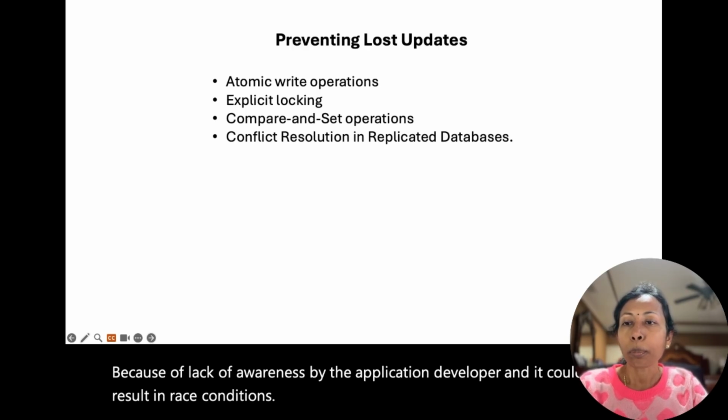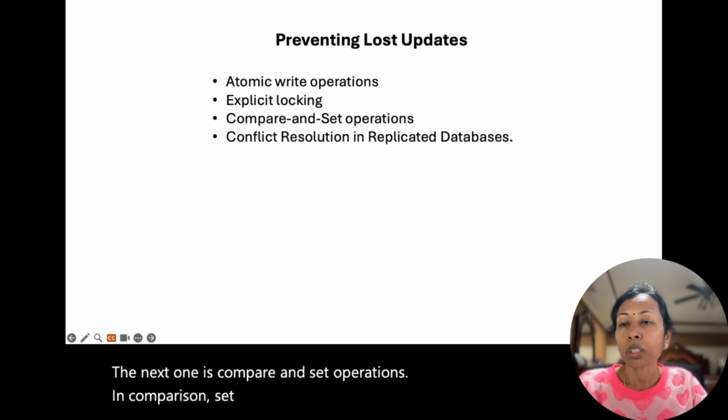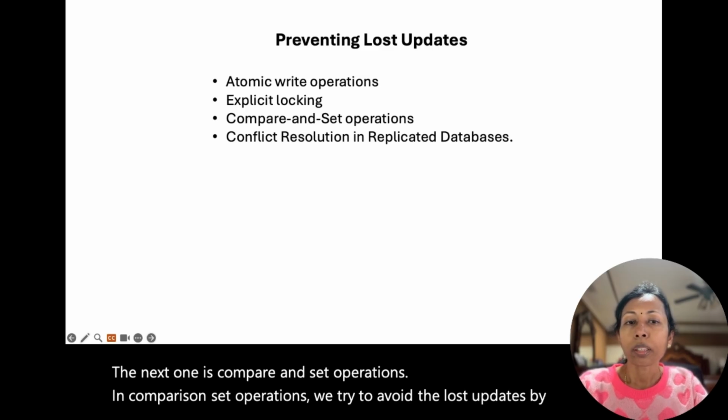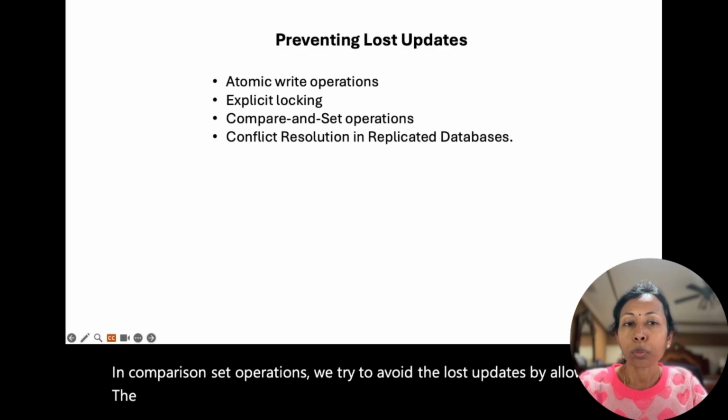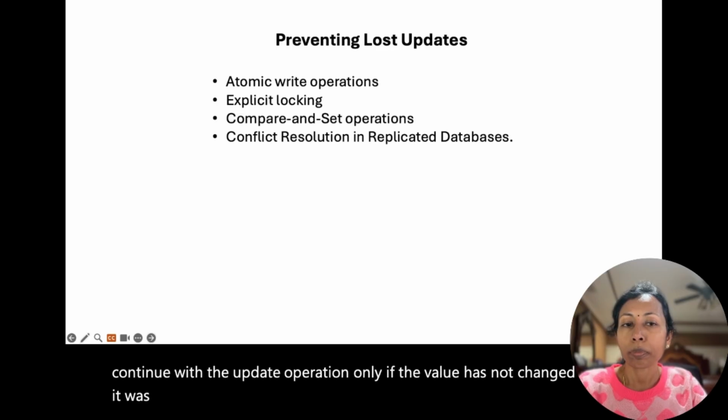Next one is compare and set operations. In compare and set operations, we try to avoid lost updates by allowing the comparison of the value before making the update. That means you continue with the update operation only if the value has not changed since it was last read.